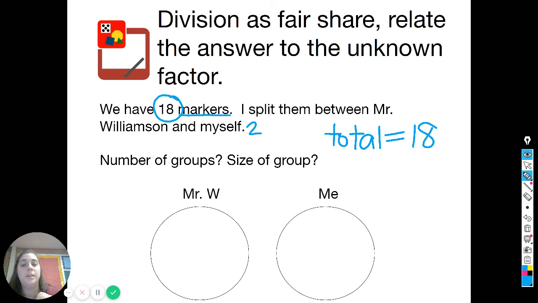My number of groups is 2. 1 group for me and 1 group for Mr.